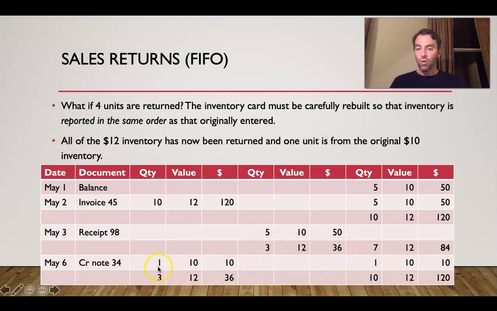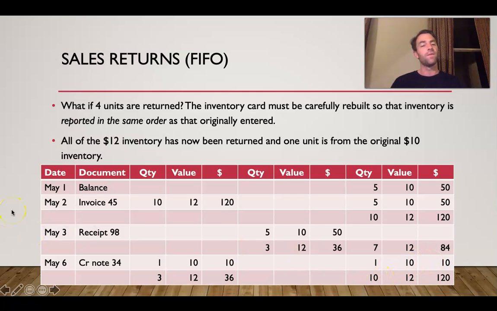So these are all coming back into our business. And because we have run out of our $12 ones after 3, the next ones that we sold were the $10 units. So one of them has come back. We will list like so. Why is the $10 one listed first? Because that is still the older stock, and FIFO says we list older stock before our newer stock.